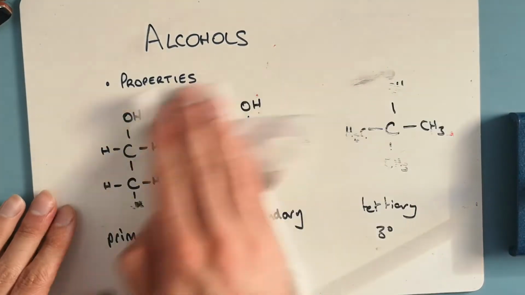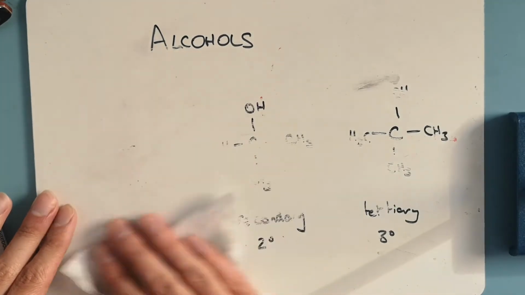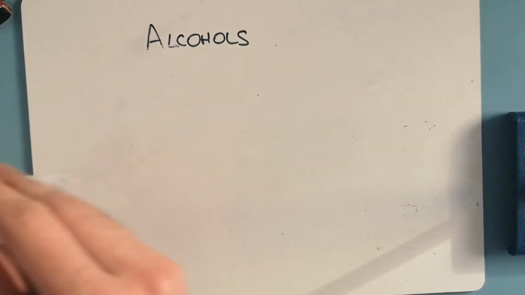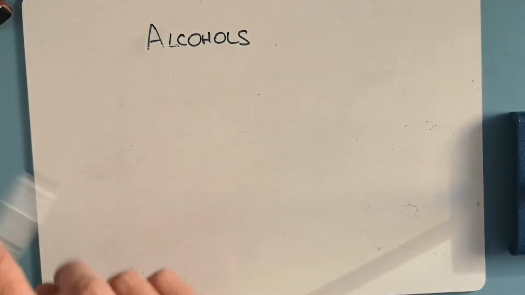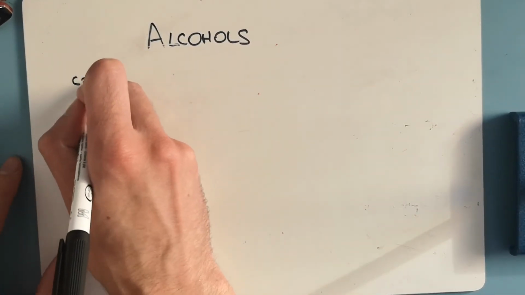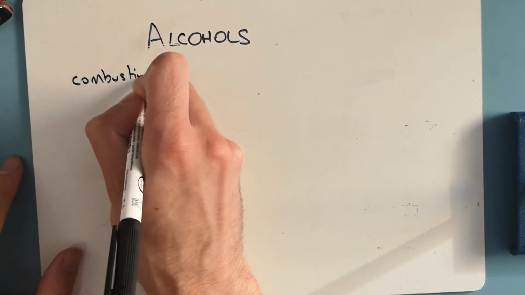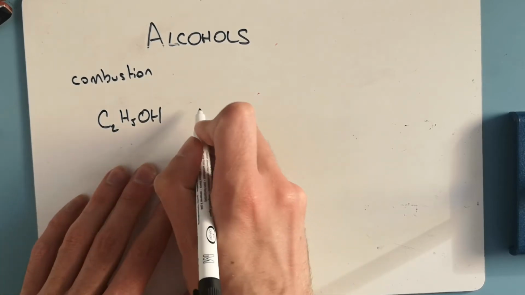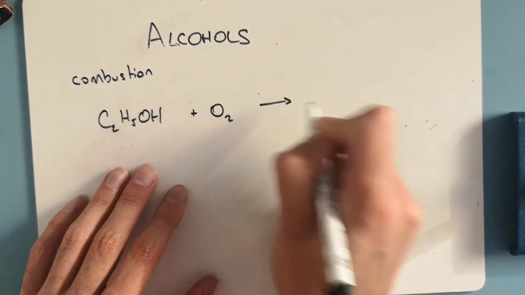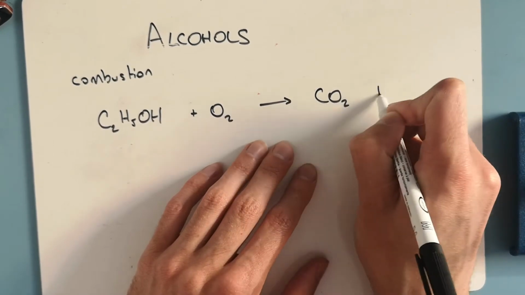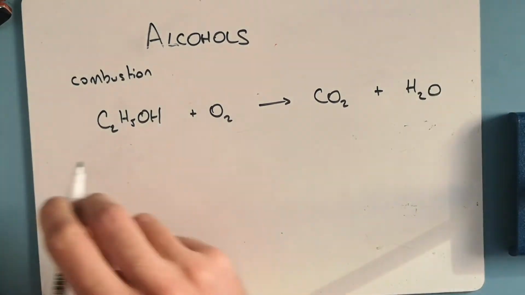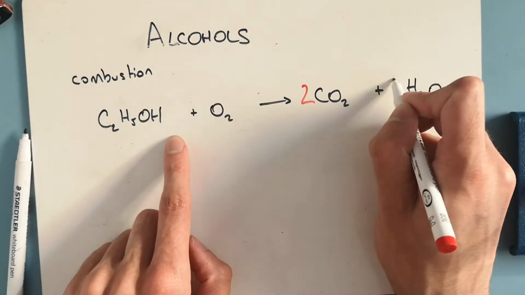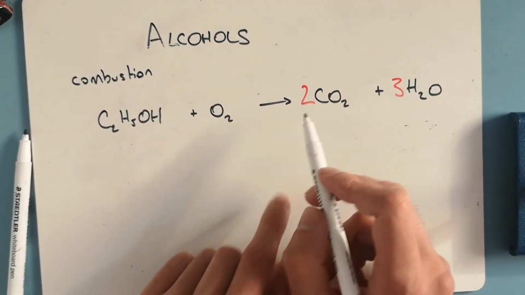If we next look at some of the reactions. The first one, similar to alkanes, we look at combustion and the same reaction occurs. So it's C2H5OH, the formula for ethanol, plus O2. We get complete combustion, we'll go to CO2 and H2O, and then just balancing it, we've got two carbons on this side, so I needed two there, 6 hydrogens here, so I've got 3 there.